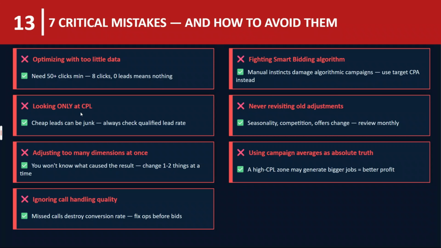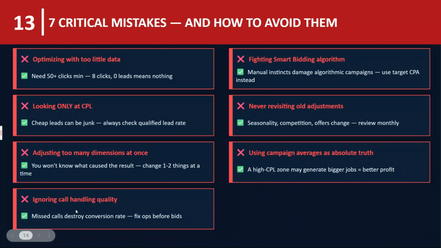Mistake 2 is only looking at cost per lead. A cheap lead is not a good lead if nobody books. Always check the qualified lead rate. Mistake 3 is changing too many things at once. If you change device, location, and schedule all in one day, how will you know what worked? Change 1 or 2 things at a time.